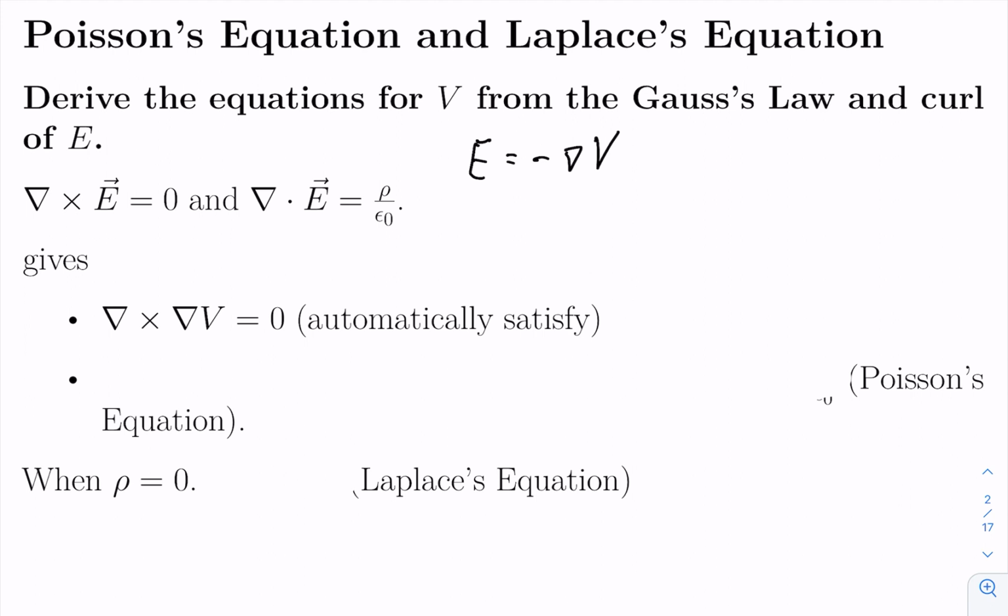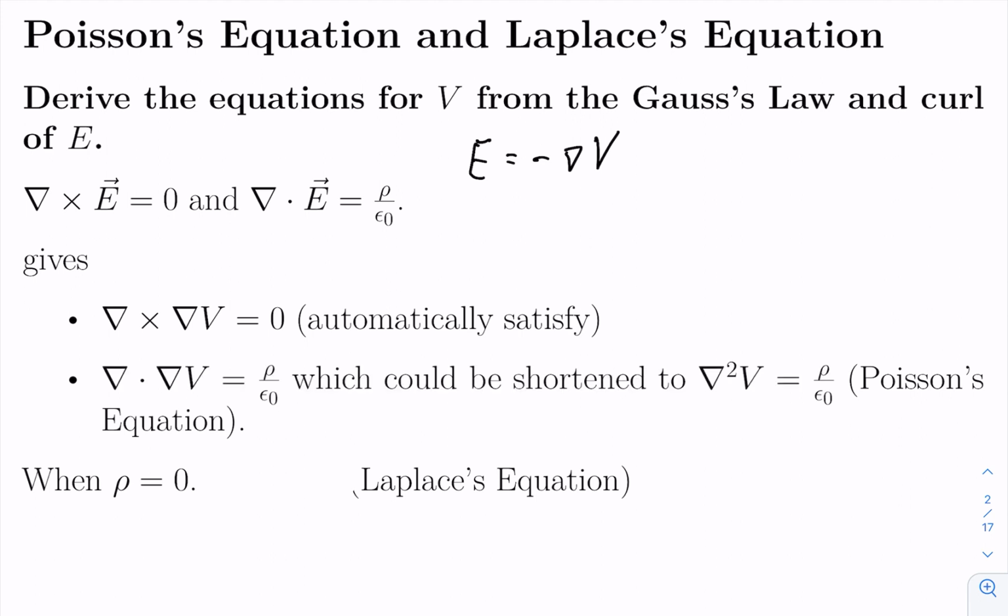What's left over is the second equation. Again, we do the same thing by plugging the gradient of V into the expression for E, and we arrive at del dot del V equals rho over epsilon naught. We define this del dot del acting on a scalar to be del squared, and this is called the Laplacian.